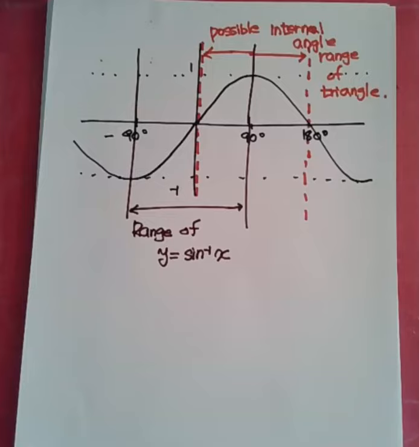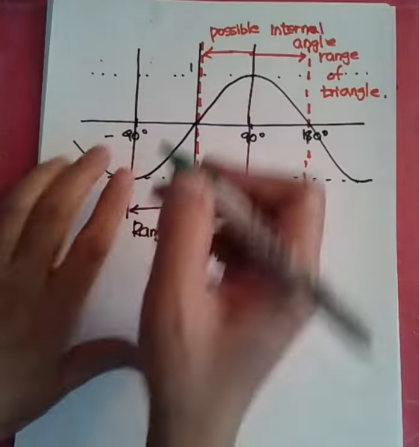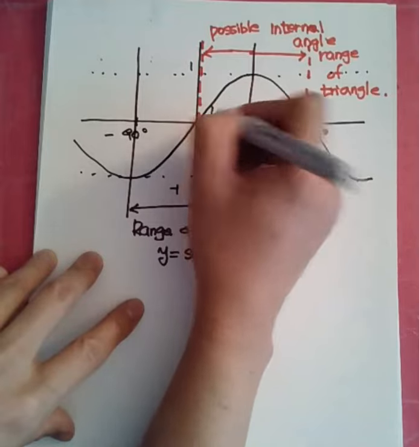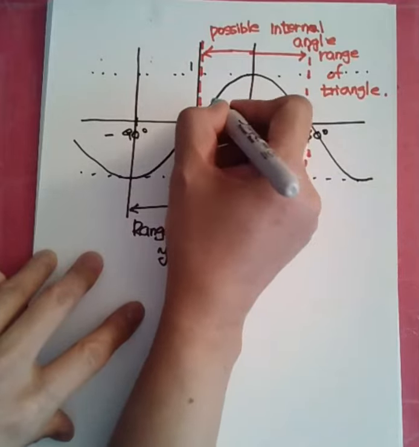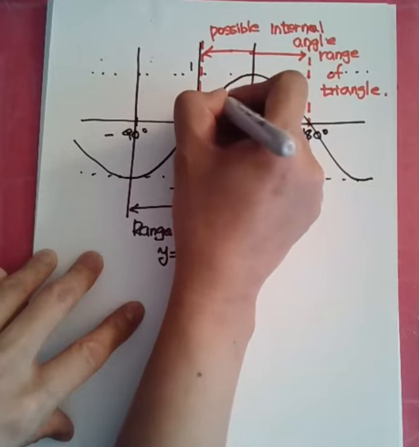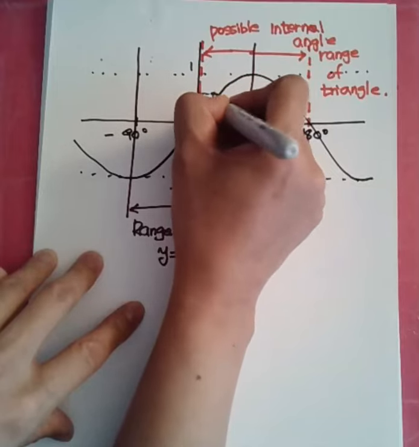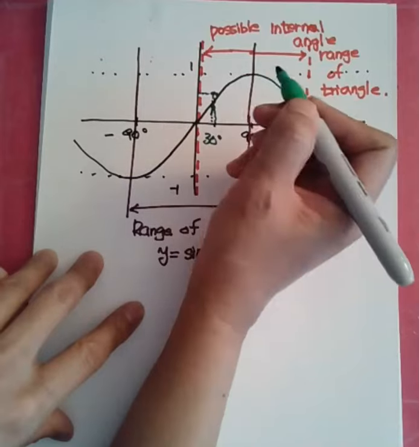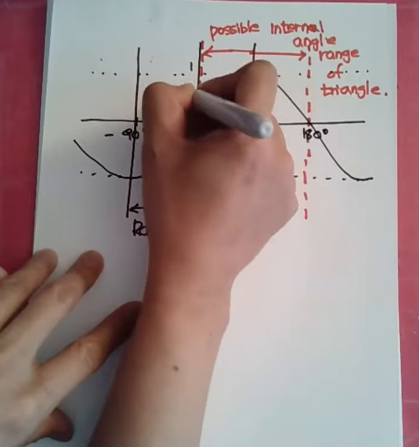So when we think about what we did to figure out the inverse sine function, which was indeed 1/2, this is 30 degrees and this is 1/2.